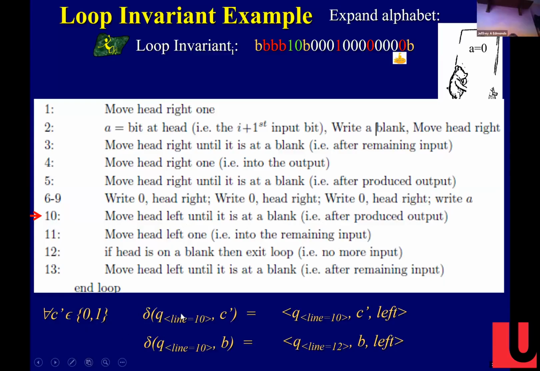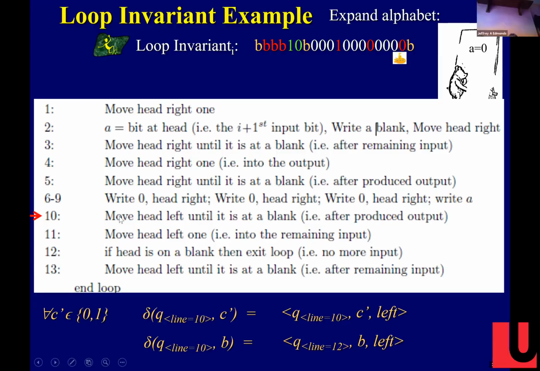In one case, it's not a blank, it's a 0 or a 1. And what do I do if I have a 0 or 1? Well, it just stays in line 10 and it moves the head left. I read a character, I write the same character because I'm not supposed to be changing the data, and I move the head left, right?